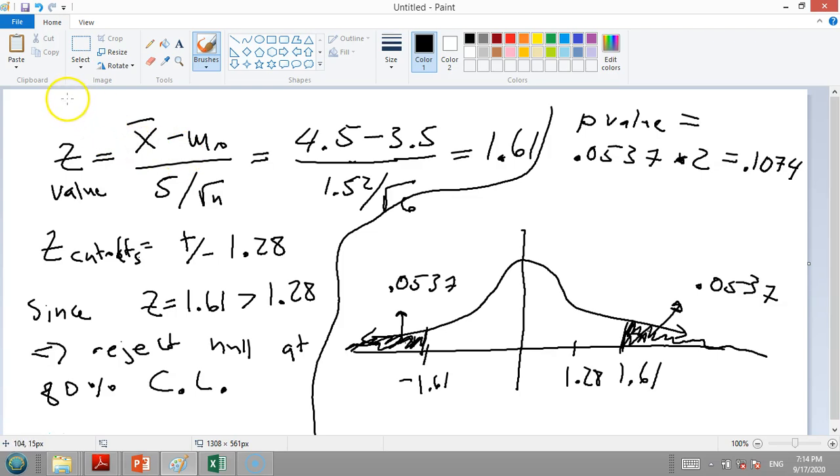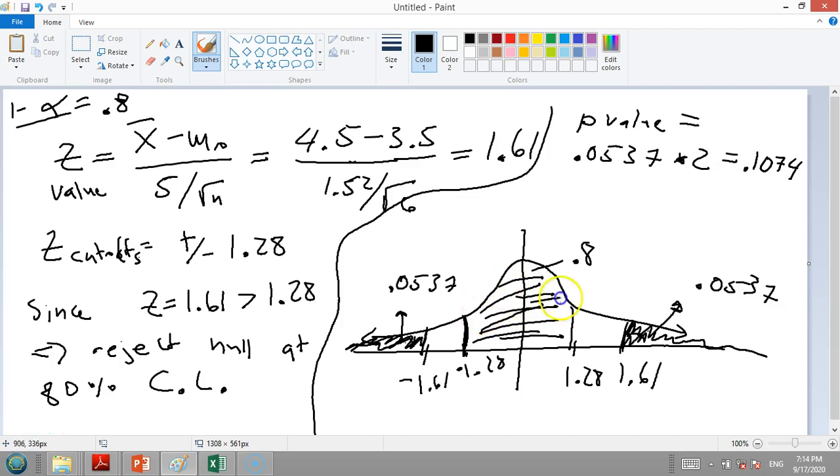you know, alpha here. Alpha, again, 1 minus alpha is 0.8. This is like the confidence level, and this is in percentages. But 1 minus alpha, or the area in the middle here, between the two cutoff points, is 0.8. This is negative 1.28. And the area to the right is a significance level.